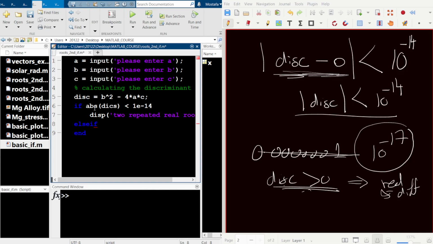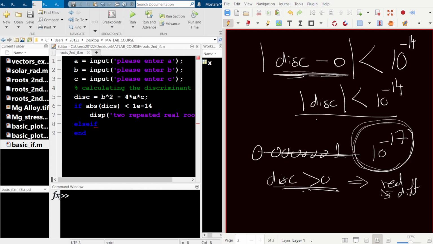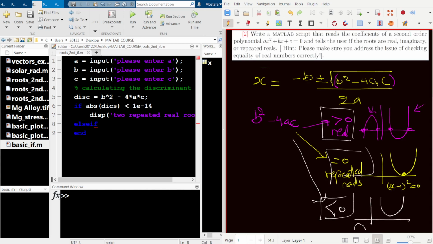Now it's equally fine to put greater than or less than. It doesn't matter. So remember, the whole idea of checking the equality first is to avoid having some very small number, either greater than 0 or less than 0, at the beginning. Because if I put the greater than check first, it could be greater than 0 by 10 to the negative 17 or negative 18, and obviously this shouldn't be considered greater than 0.